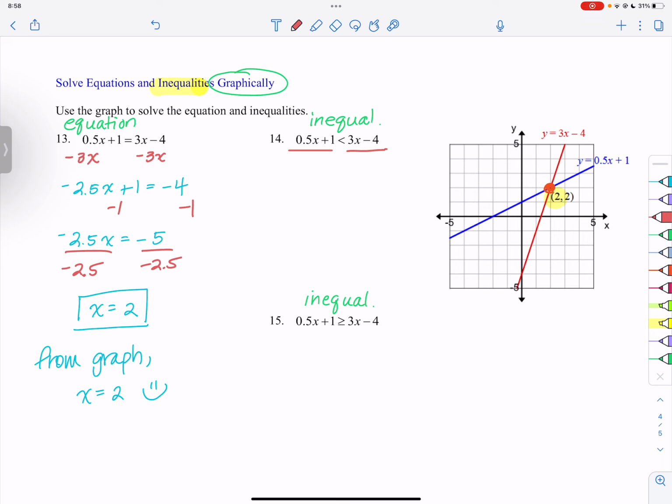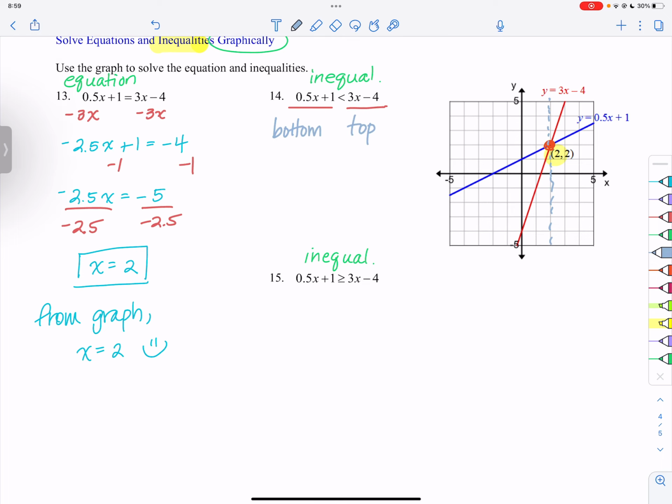Over here, when you pass, let me use a different color. I'll use this light blue. This is where the lines are equal, but here is where this line is below this line. So you could say this is the bottom line, and this is the top line.